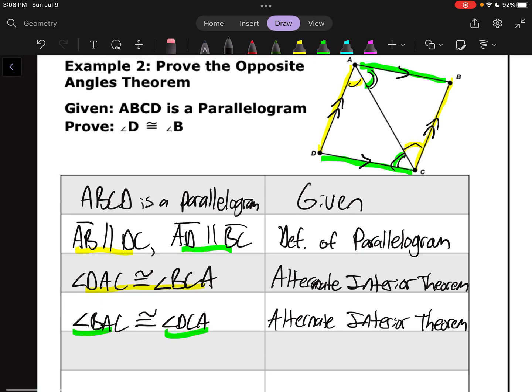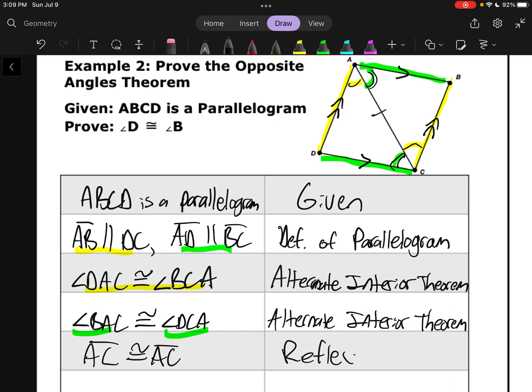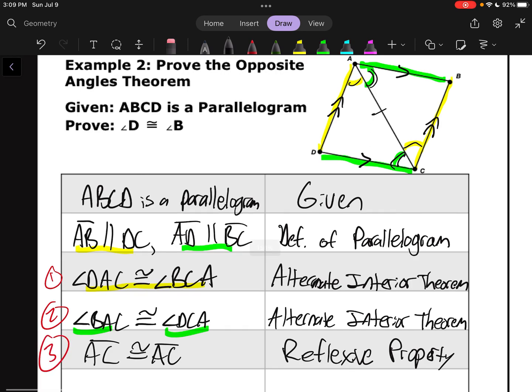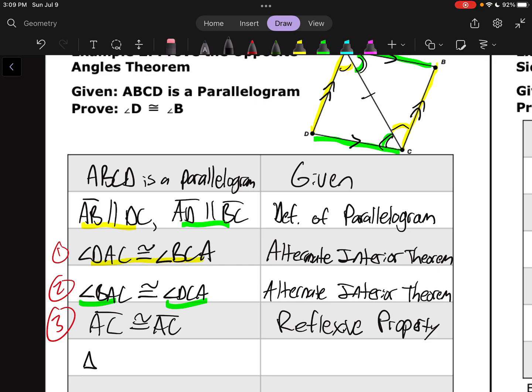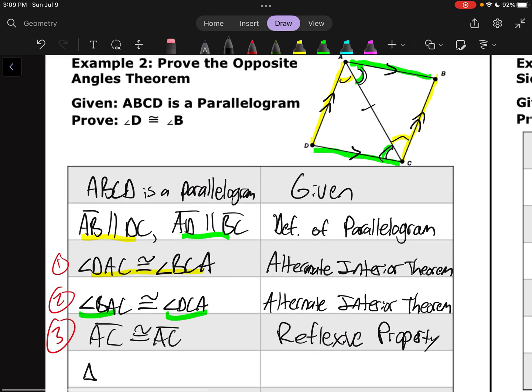Now we need a third congruent thing, and that's just going to be the reflexive property in the middle. All right, both of those triangles share side AC, so we get AC congruent to AC, reflexive property. Okay, so I've got 1, 2, 3 congruent things between my two triangles, which means now I can go ahead and say that triangle ADC must be congruent to triangle CBA, and that's going to be by angle, side, angle.